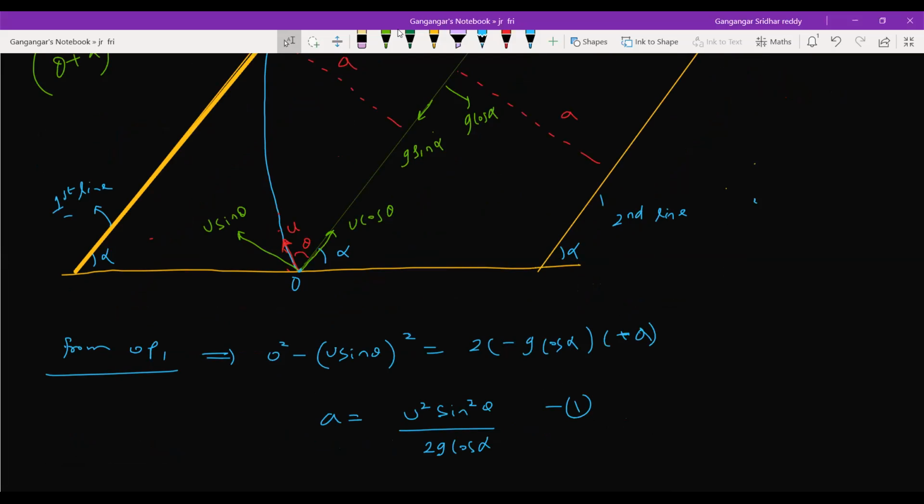Next, shall we take the time taken to move from O to P2? From O to P2, we'll write one equation.